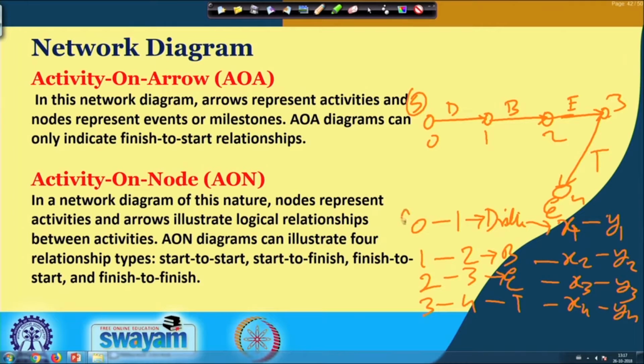So these are the representations of each activity in network form.